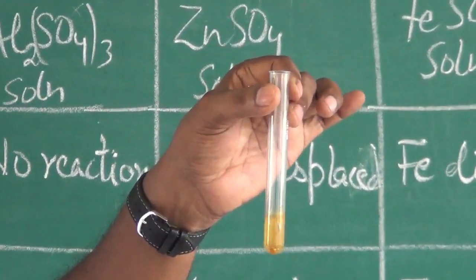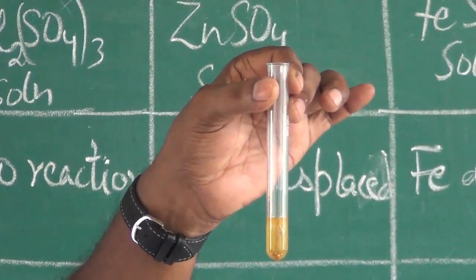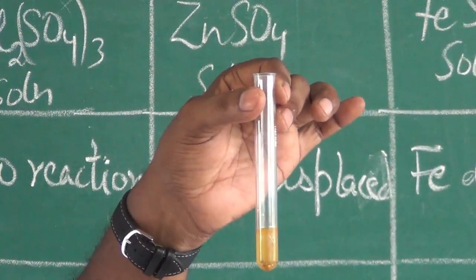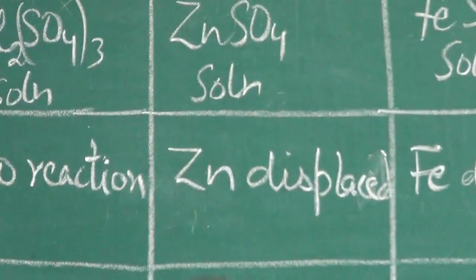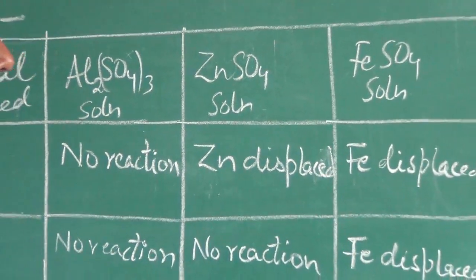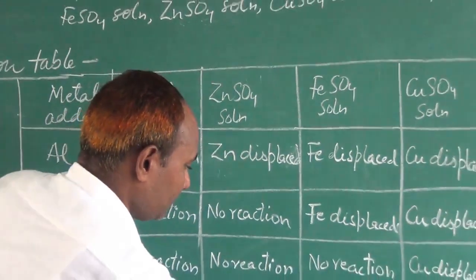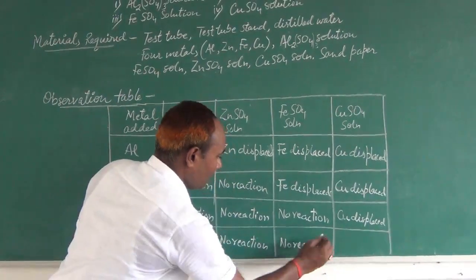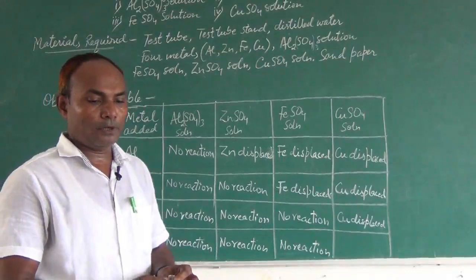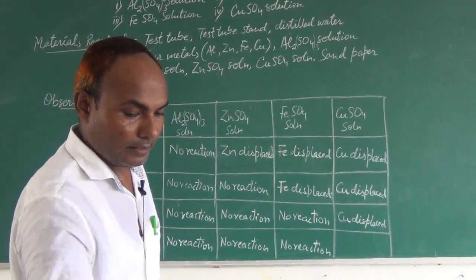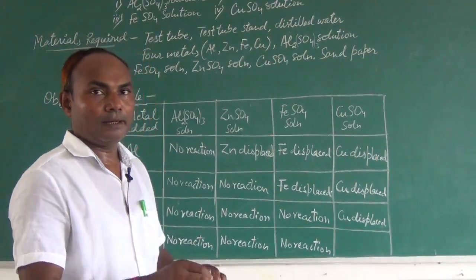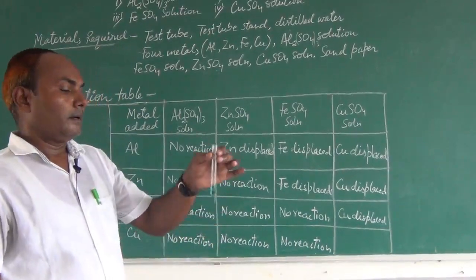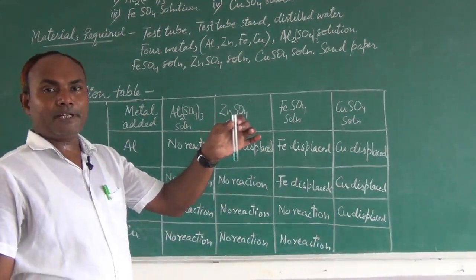The brownish color of iron sulfate is still appearing, which means no reaction takes place. So, no reaction. Now students, we have to observe the action of copper metal with copper sulfate solution.